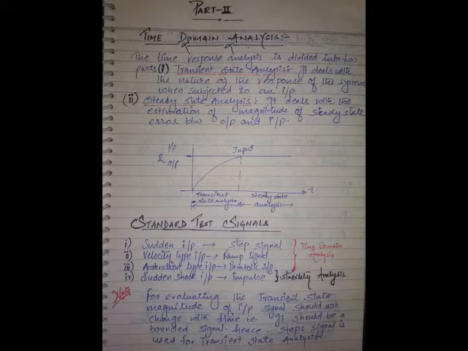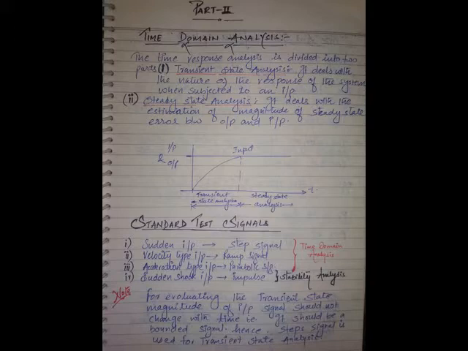The third type of input is called as acceleration type input. Acceleration type input means non-linearly changing input, which is represented as parabolic signal. Then we have fourth type of input which affects the performance of a system, which is called as sudden shocks.